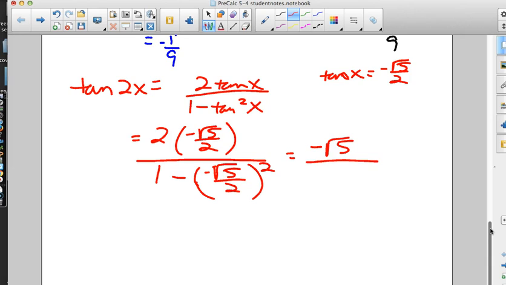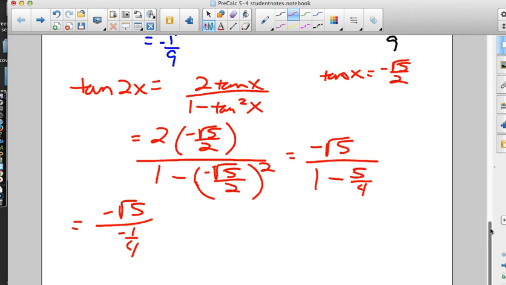A little more work in the denominator. Negative square root of 5 squared is just going to be 5. 2 squared is 4. 1 minus 5/4. That's 4/4 minus 5/4, which is a negative 1/4.